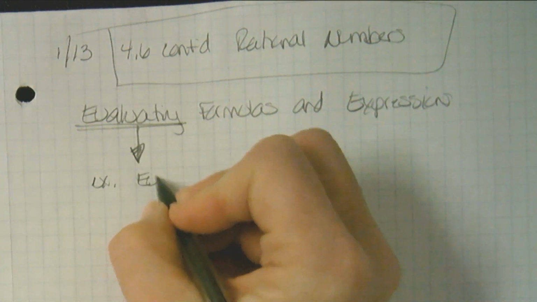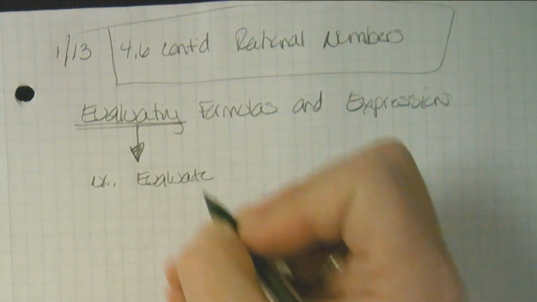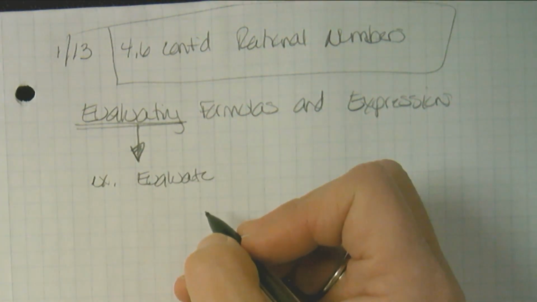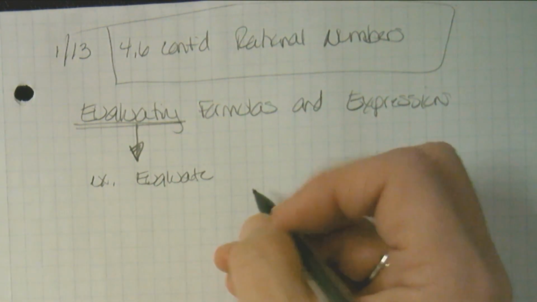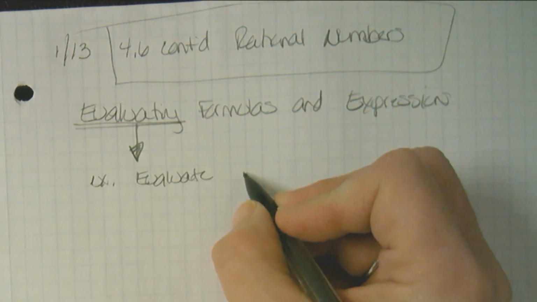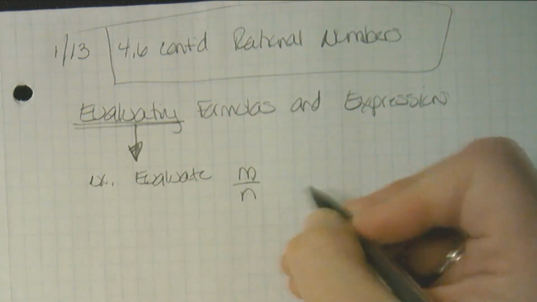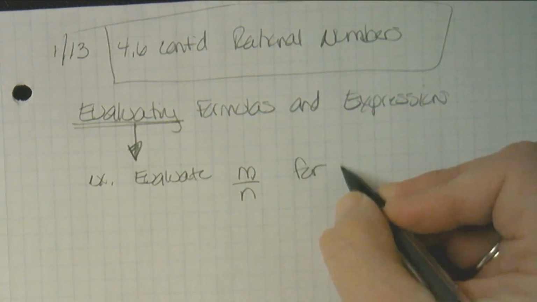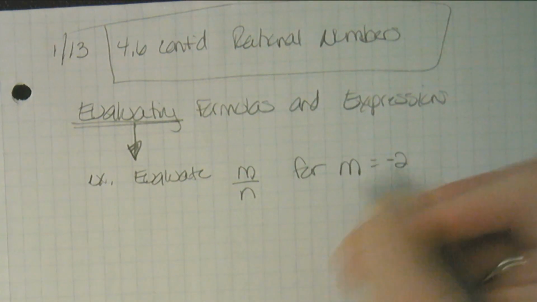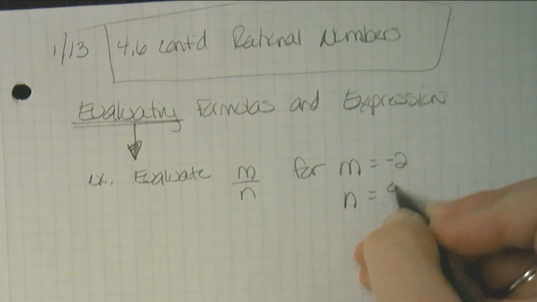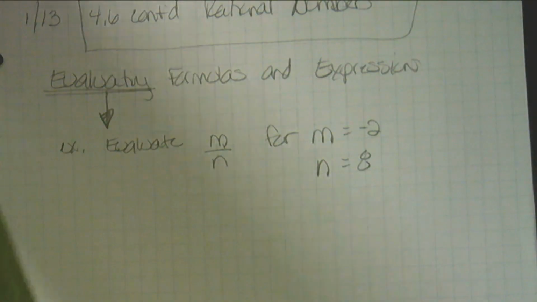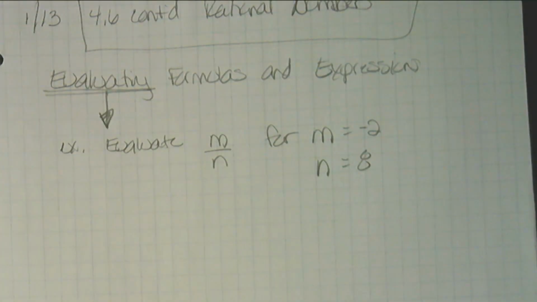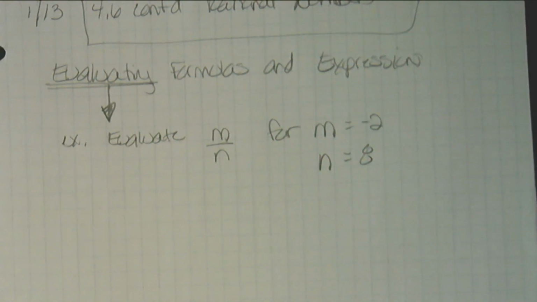I want you to evaluate m over n for m equal to negative 2 and n equal to 8. What does that mean? That I want you to evaluate that expression.